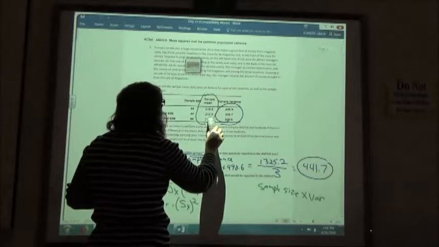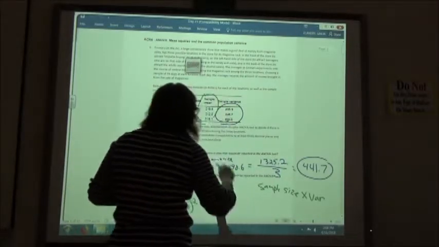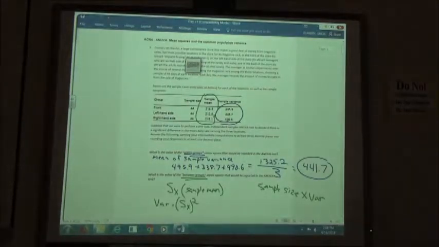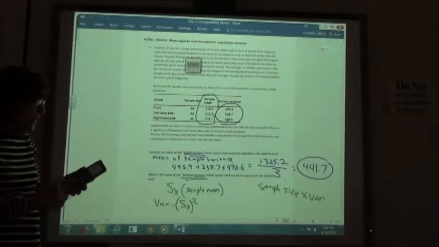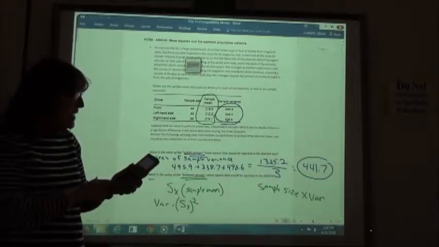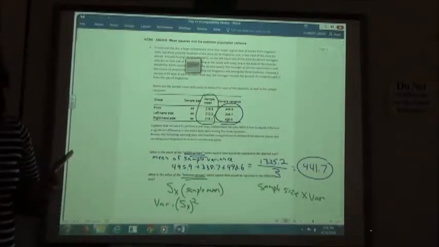Put those all in list 1. Again, if I want to find my statistics, I'm going to hit stat again, go over to calc, and we're going to calculate them on the 1 variable statistics. We want to do it for list 1.